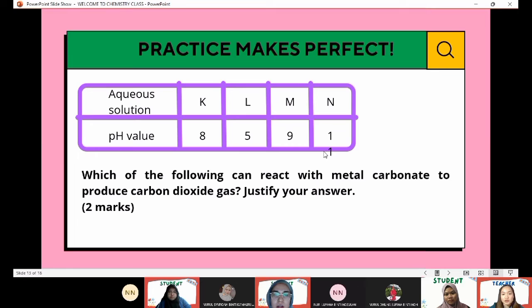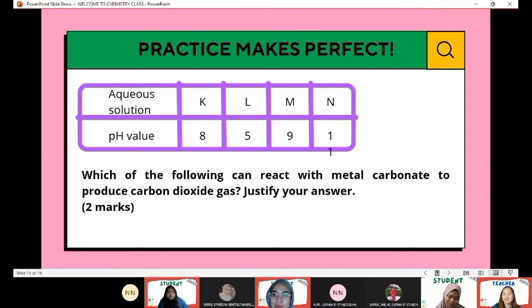The solution should have a pH value of 11. I'm sorry for my mistake. So okay, Ili, what's your answer? My answer is aqueous solution L, because the pH value is 5, which indicates that it is an acidic solution.